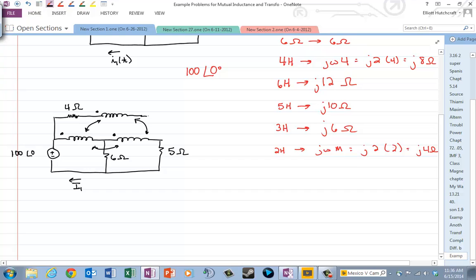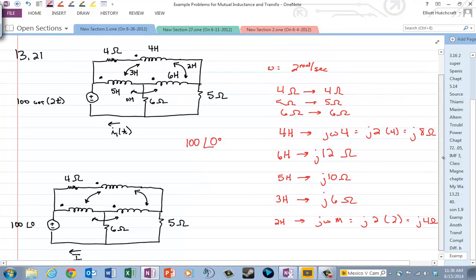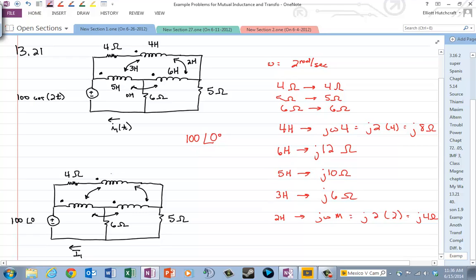And so, okay, we said the 4 Henry is now j8 ohms. The 5 Henry is j10 ohms. And the 6 Henry is j12 ohms.